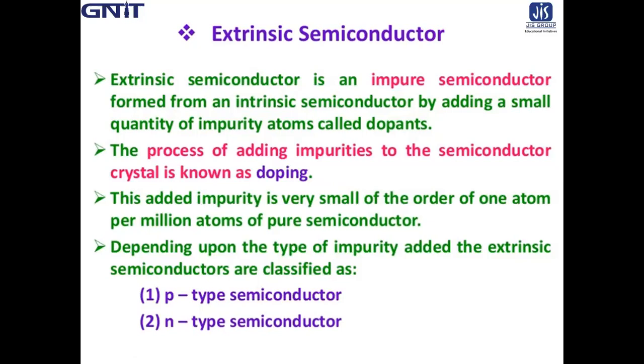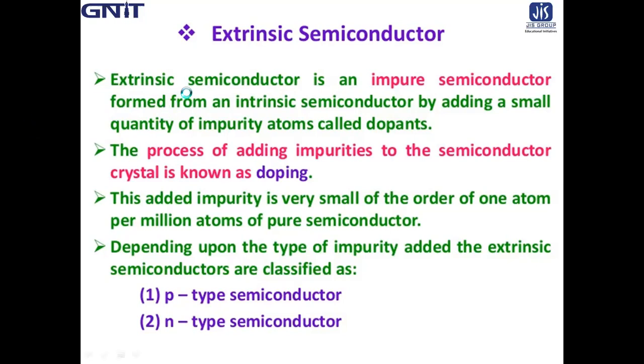But the real use of semiconductors lies in introducing very small amounts of impurity or dopant atoms, in which case the semiconductor would be extrinsic. That means it is doped, and its conductivity and other electronic properties can be altered.